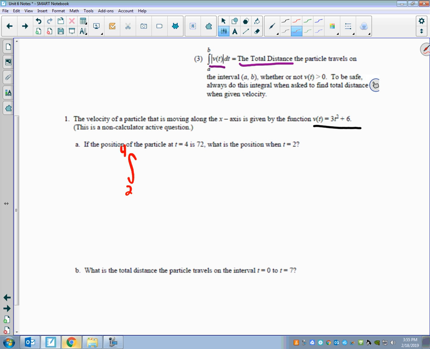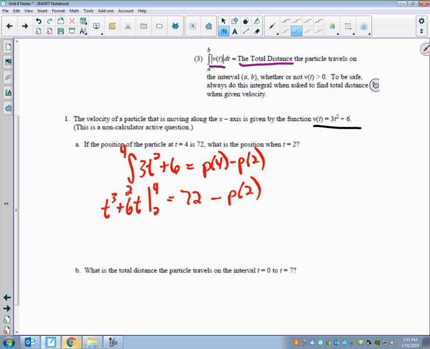So if I say the integral from 2 to 4 of 3t squared plus 6, then that would equal p of 4 minus p of 2. And so 3t squared would be 3t cubed over 3, or just t cubed, plus 6t from 2 to 4. And then we know p of 4 is 72 minus p of 2.